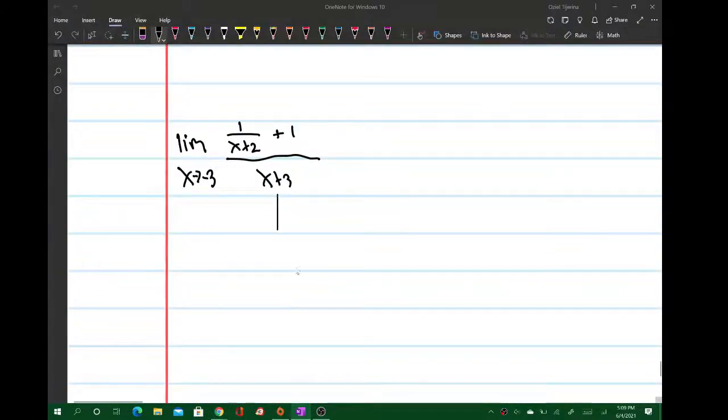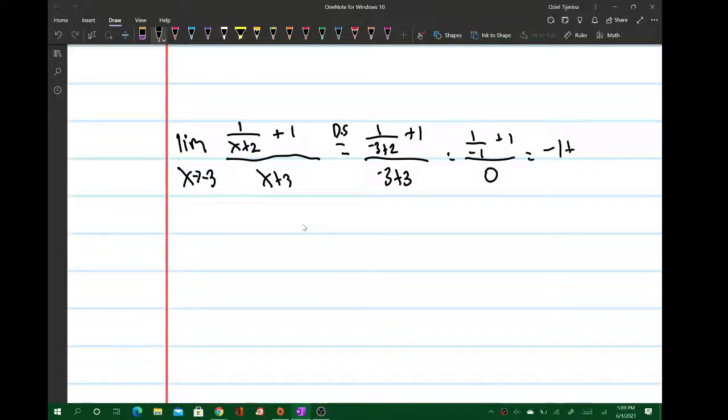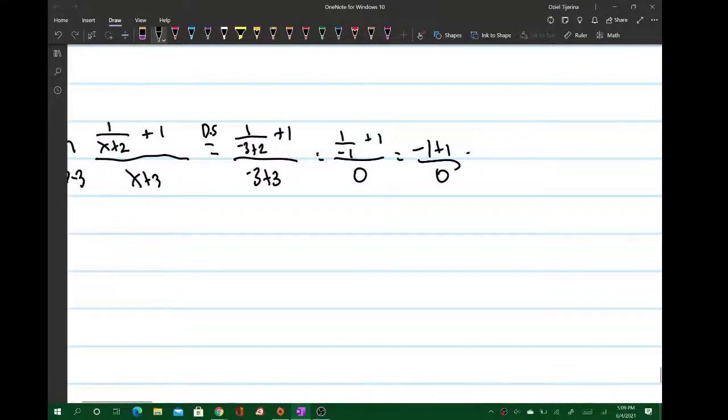Yes. And obviously, if we do direct substitution, it's going to be 1 over negative 3 plus 2 plus 1 over negative 3 plus 3. That's going to give us 1 over negative 1 plus 1 over 0, which is negative 1 plus 1 over 0, which is equal to 0 over 0, which means, oh no, indeterminate form.